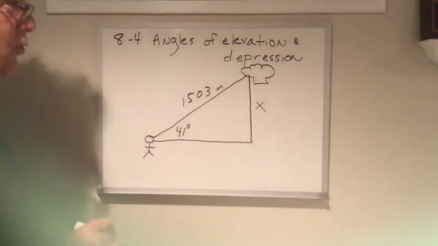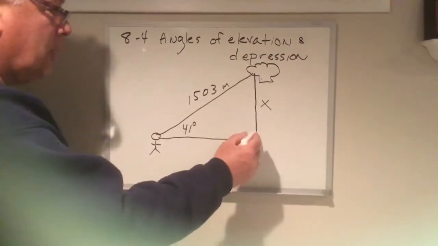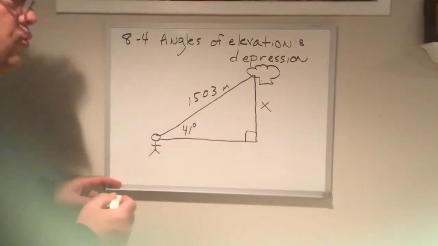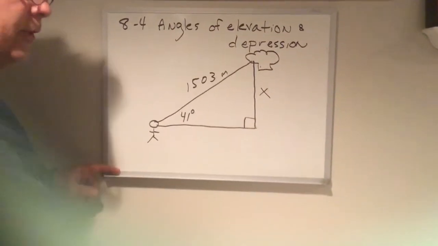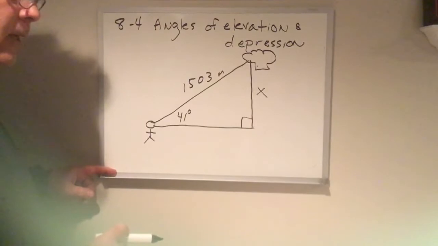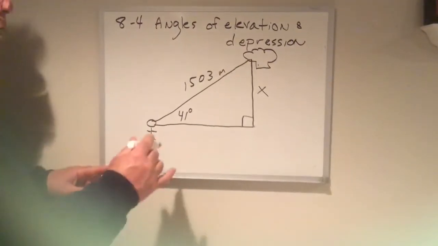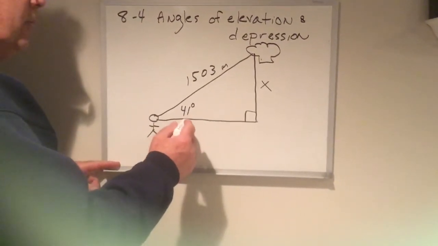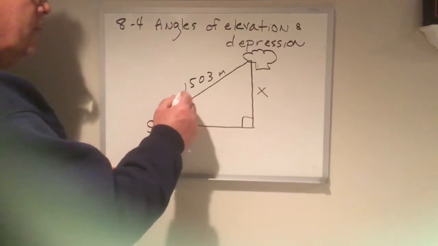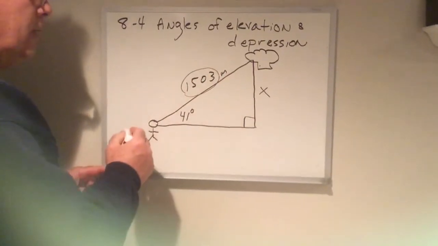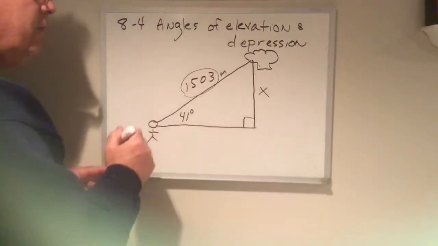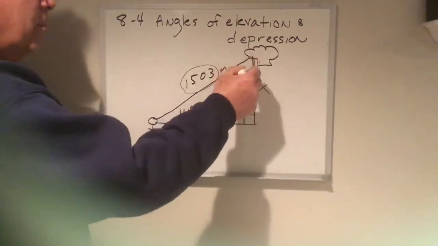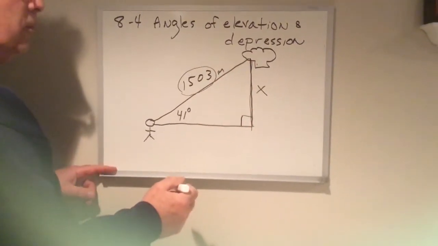It's about right triangles, and about using trigonometry to answer that. So that's our picture, a poor one, granted. Here's the 1503, 41-degree angle of elevation to the weather balloon. How high above the ground is the balloon?